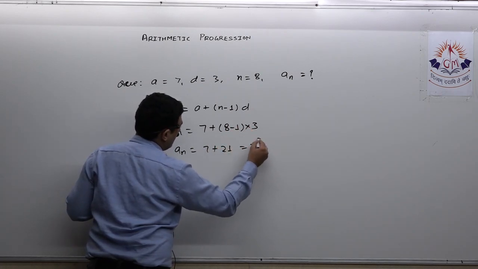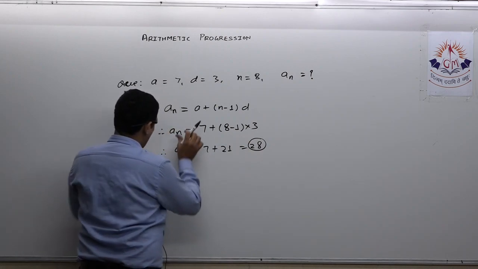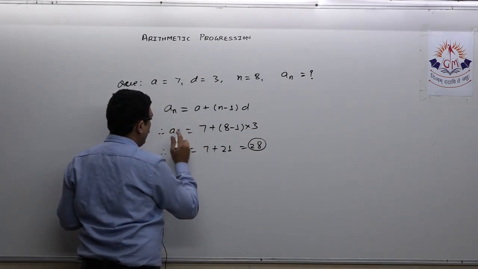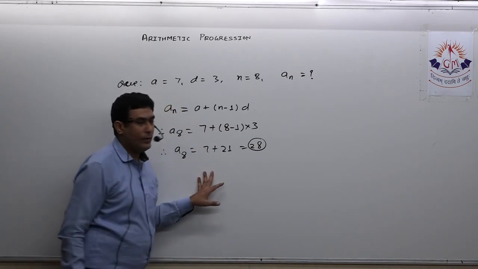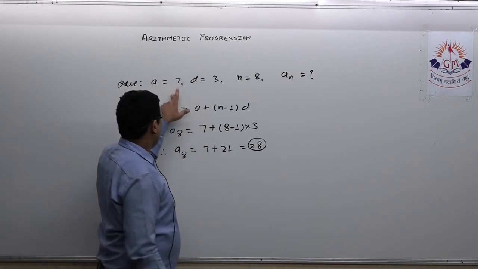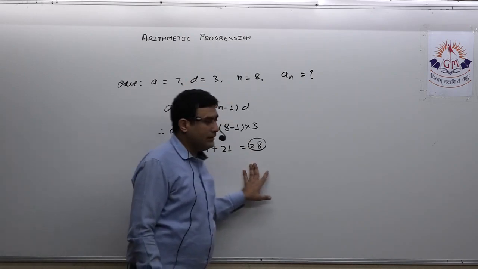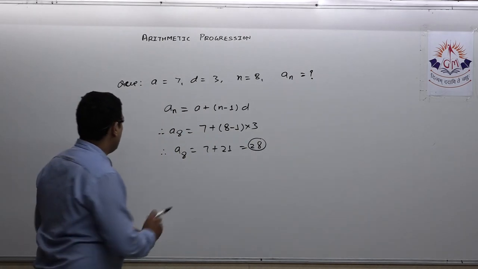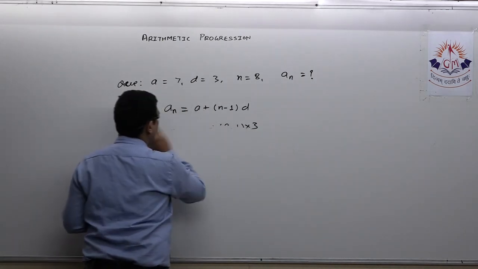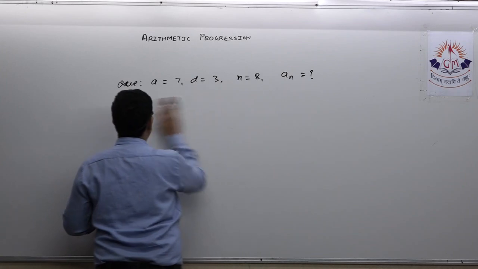That is 28. That means now instead of an, it's better to write a8. That means the eighth term of the AP is 28. First term is 7, common difference is 3, then the eighth term of the AP is 28. So that was the first type of question on this formula.